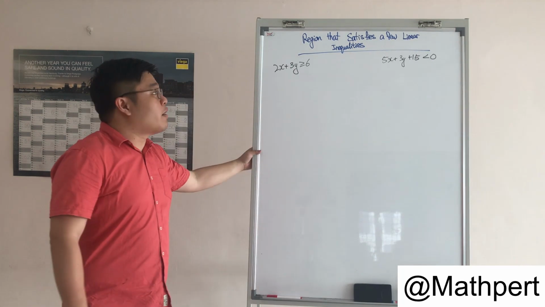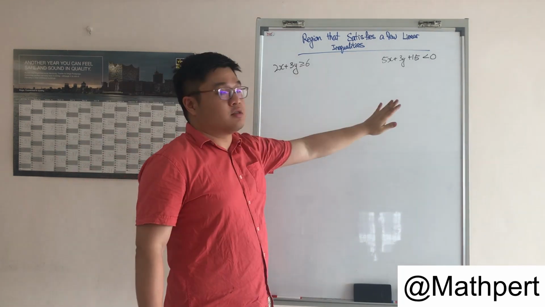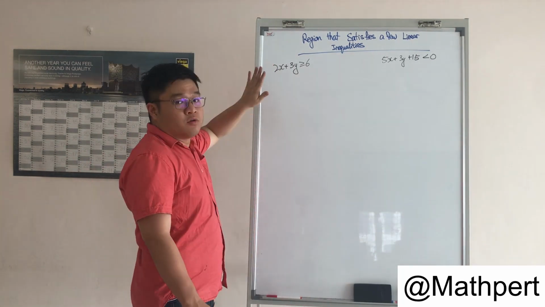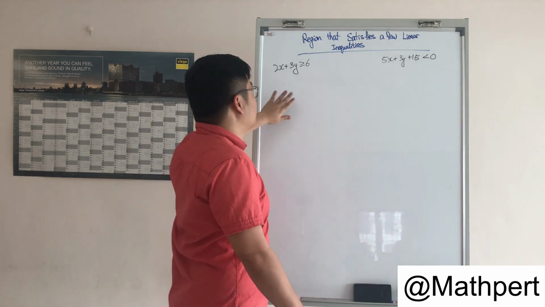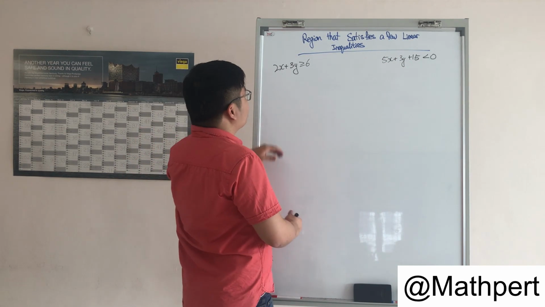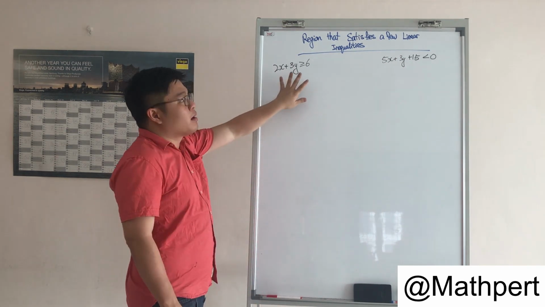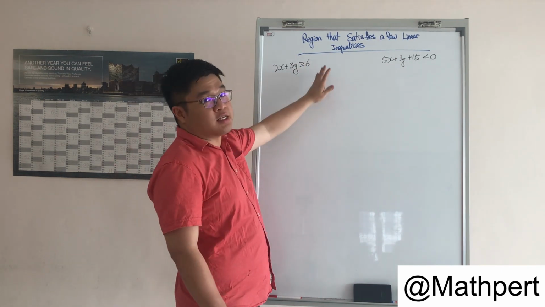Alright? Now let's take a look at these two questions. We are asked to find the shaded region for these two functions. Let's take a look at this one first. 2x plus 3y greater than or equal to 6.